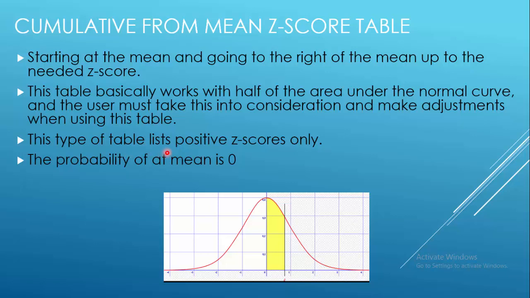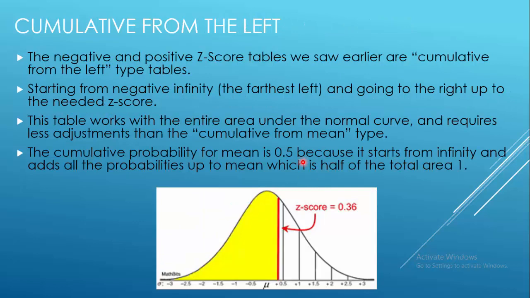This type of table lists positive z-scores only, so you cannot use negative z-scores with it. The probability at the mean is 0 here, whereas it was 0.5 before because we were talking about the whole area.